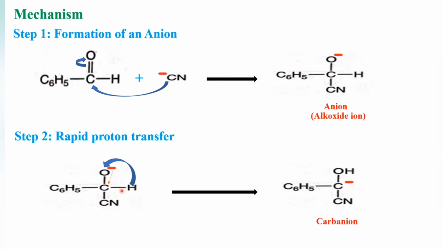The proton attached to the carbon moves to the oxygen, so O is converted to OH. The negative charge is now on the carbon, which can be called a carbanion, and it acts as a nucleophile. Here this carbon gets greater stability because of the presence of the cyanide.